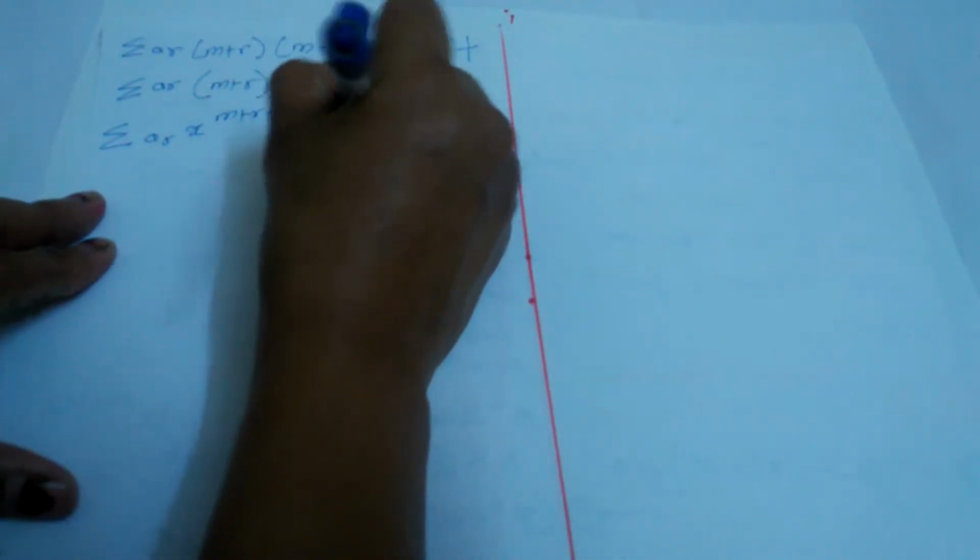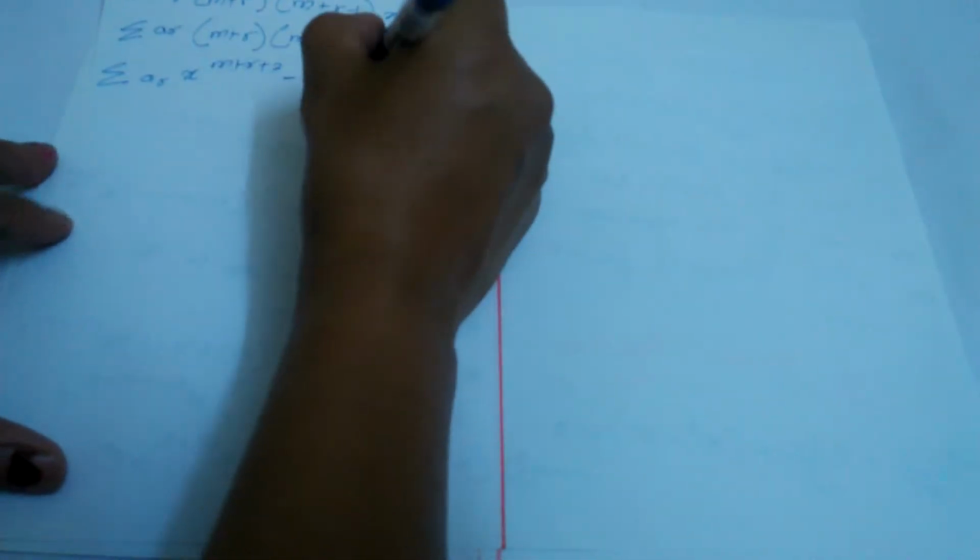We have opened the bracket for this one. This was x square minus n square. So we have just opened this bracket. Minus n square summation of a_r x to the power m plus r is equal to 0.